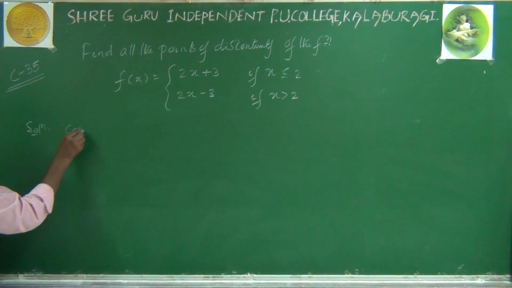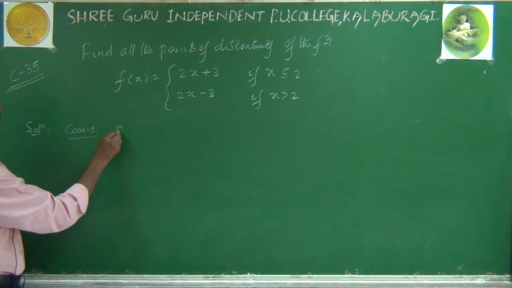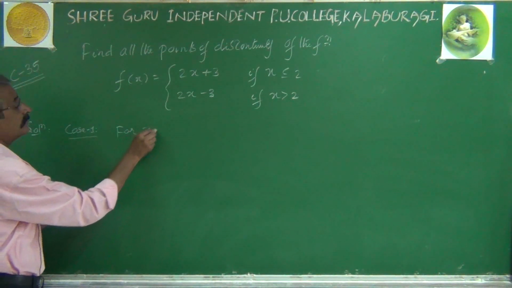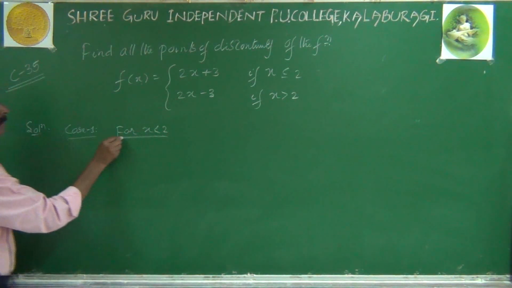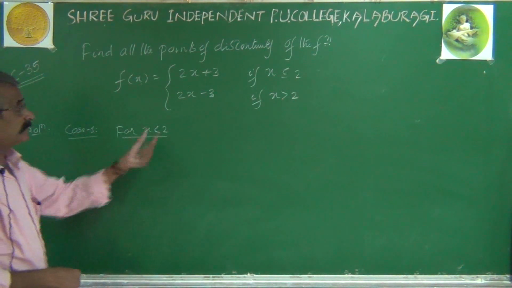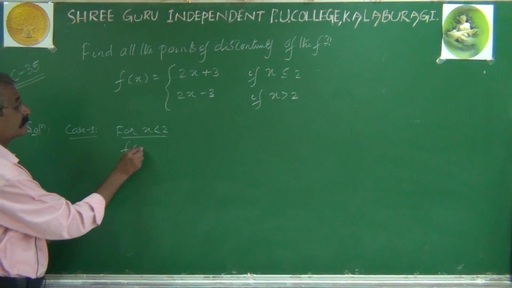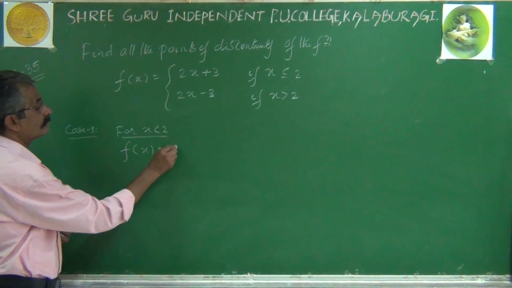Case 1. When x is less than 2, or if x less than 2, all are the same in meaning. So whenever x is less than 2, what is f(x)? 2x plus 3.